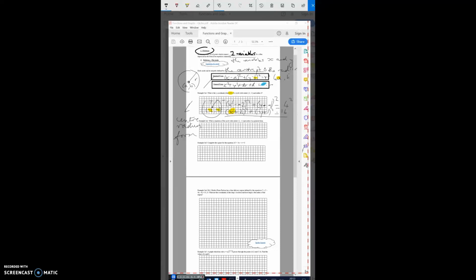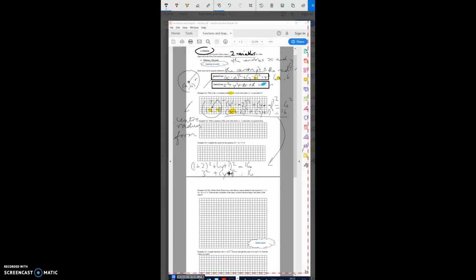So I'm going to write that down here, just because I've run out of room. (1 + 2) all squared plus (y + 1) all squared equals 16. So I get 3 squared plus (y + 1) all squared equals 16.